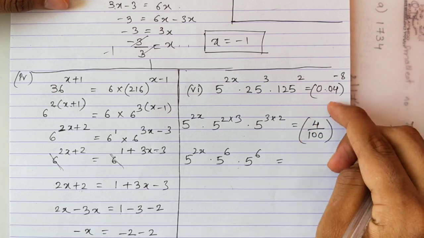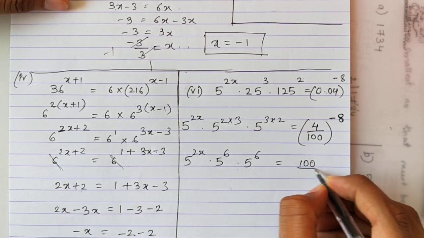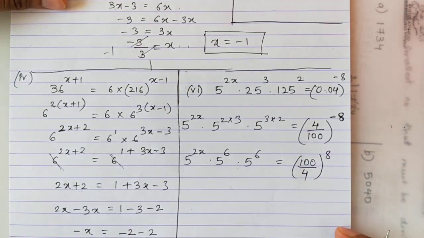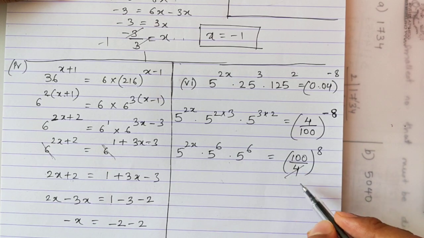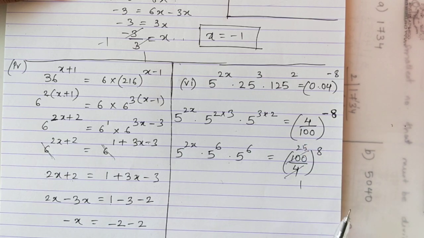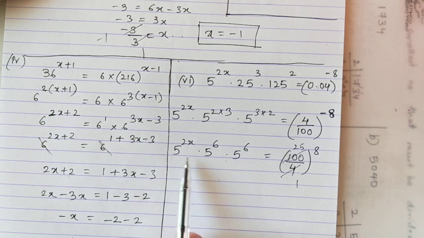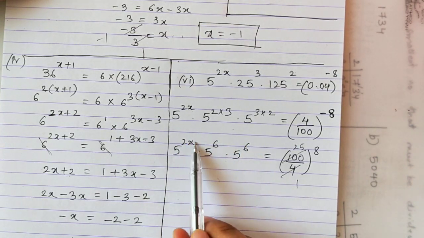If you take the reciprocal of the fraction, the power becomes positive. So this 100 upon 4 will become 4 upon 100 and this minus 8 will become plus 8. Here I can make cancellations. 4 ones are 4, 25s are. So basically what is remaining here? Here the base is the same, 5 into 5 into 5, so the powers will get added.